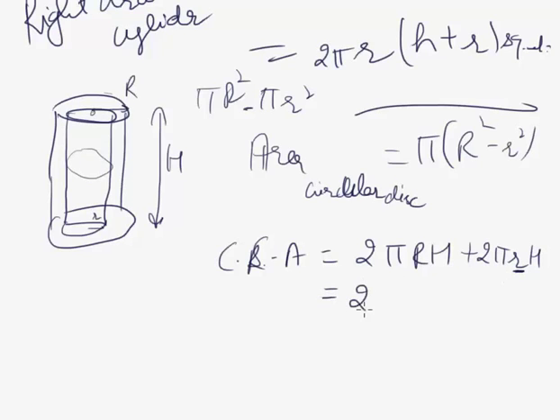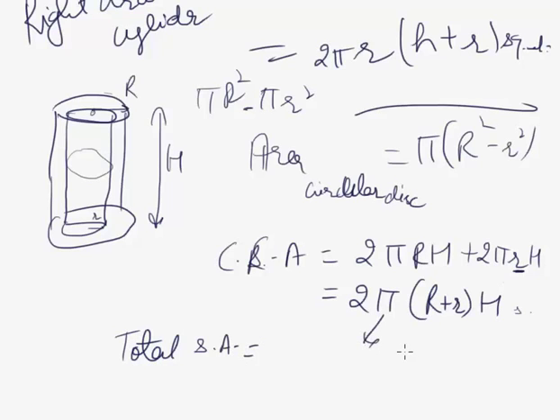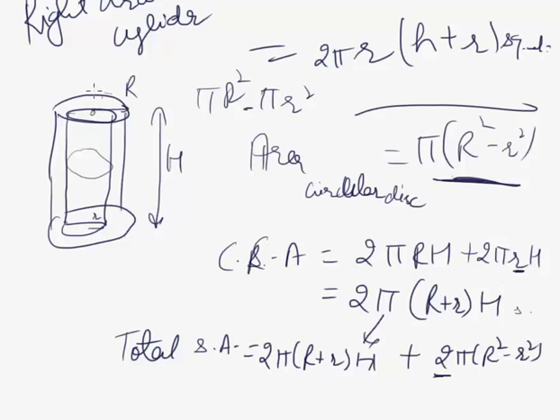So curved surface area will be 2 pi (R plus r) h square units, whereas total surface area for such a figure will be this area plus this area 2 times, that is top and bottom. So it will be 2 pi (R plus r) h plus 2 pi (R square minus r square), where 2 is added because we have two circular disc faces.